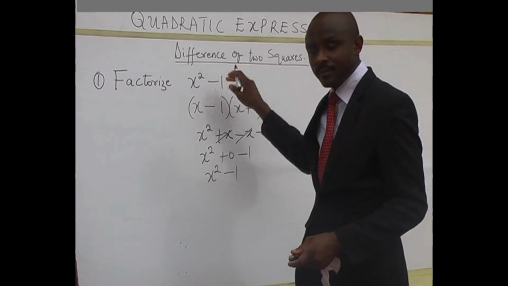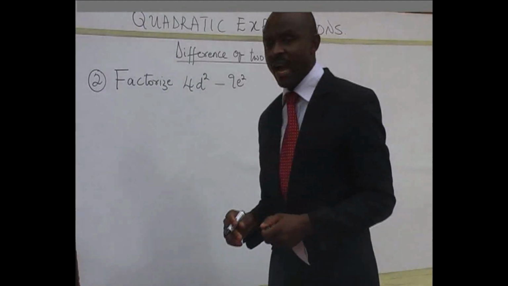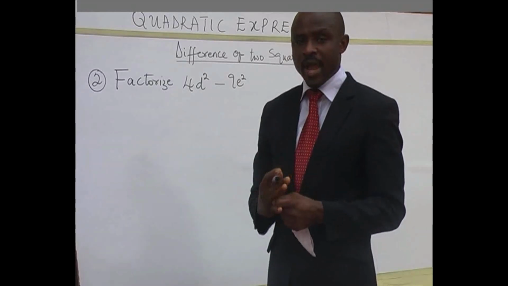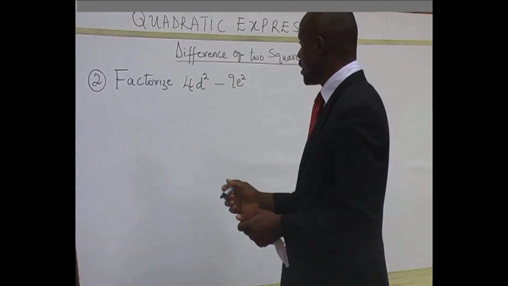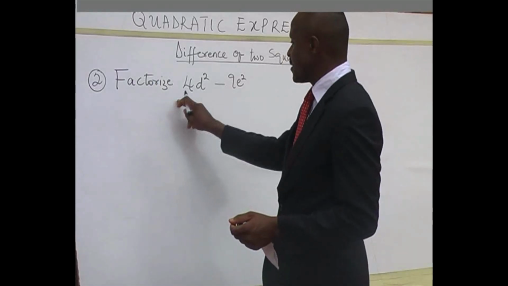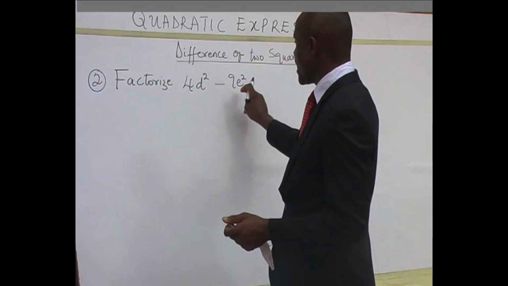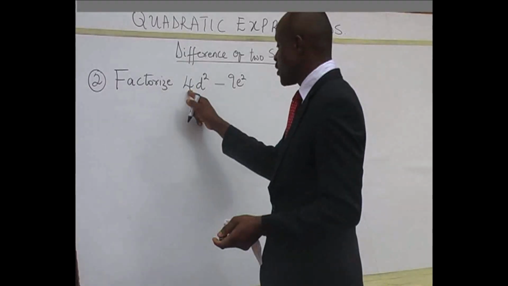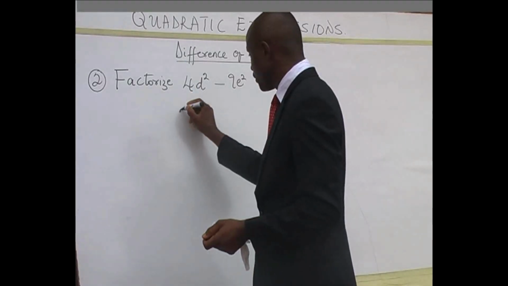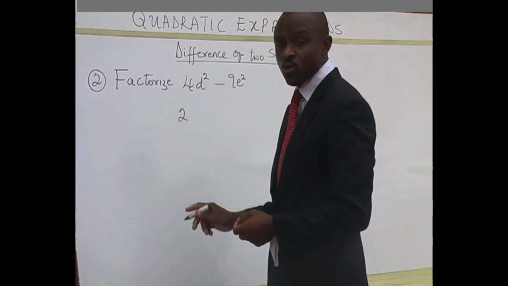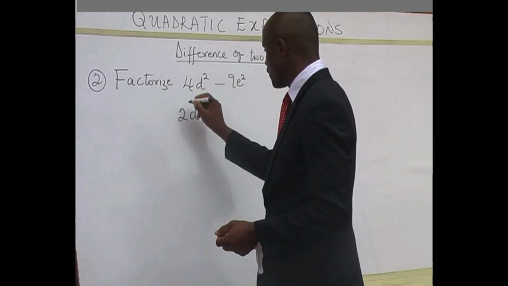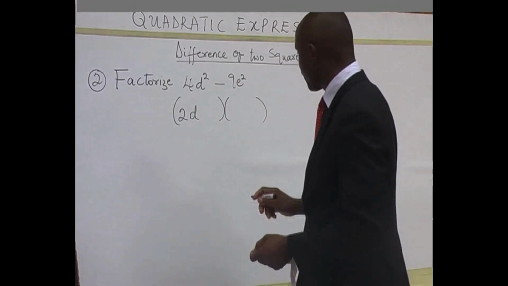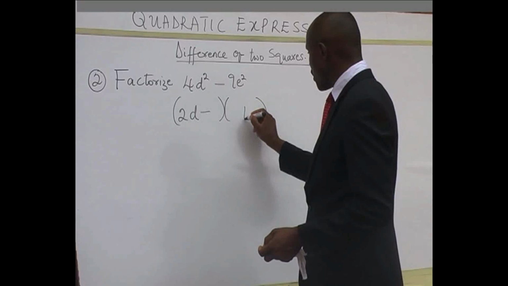The second question we have in the factorization of difference of two squares is: factorize 4d squared minus 9e squared. Ask yourself, the square root of 4 is 2. The square root of d squared is d. In the first bracket, open the next bracket, minus and plus.